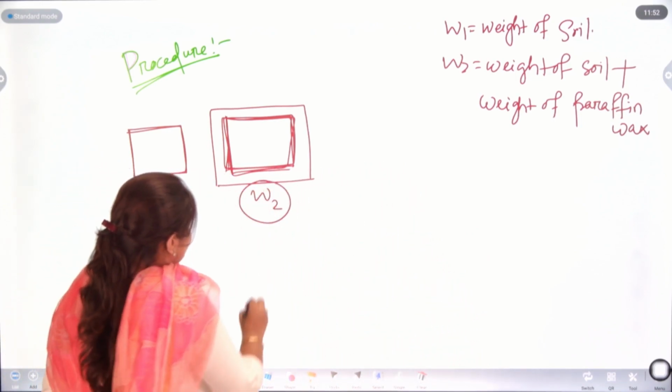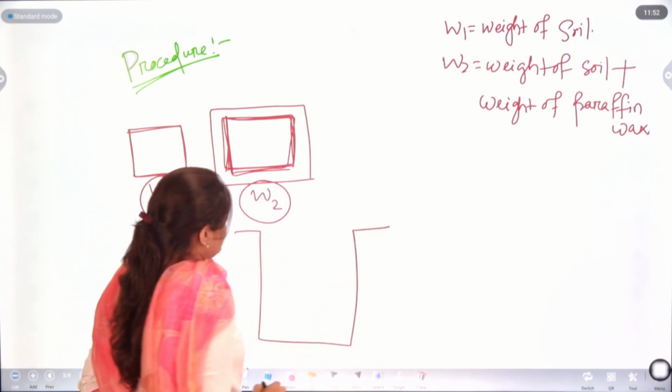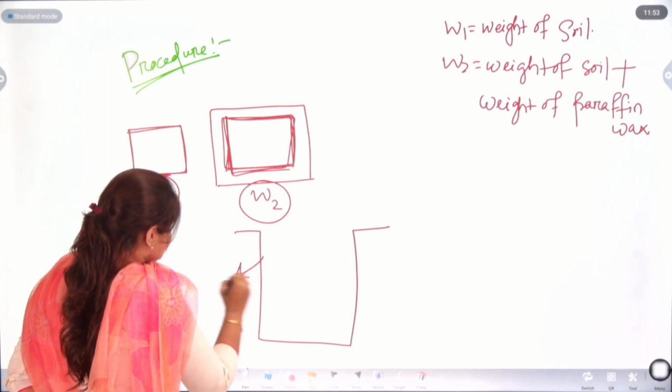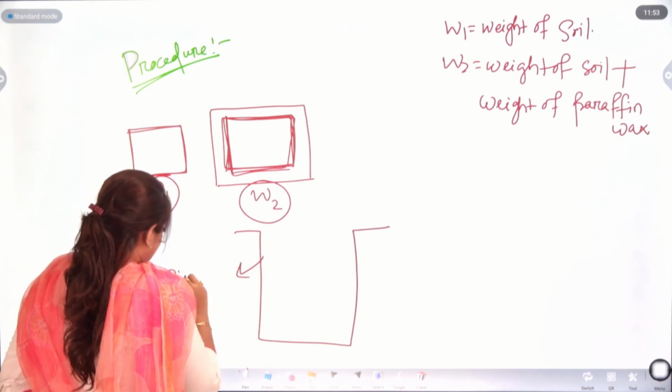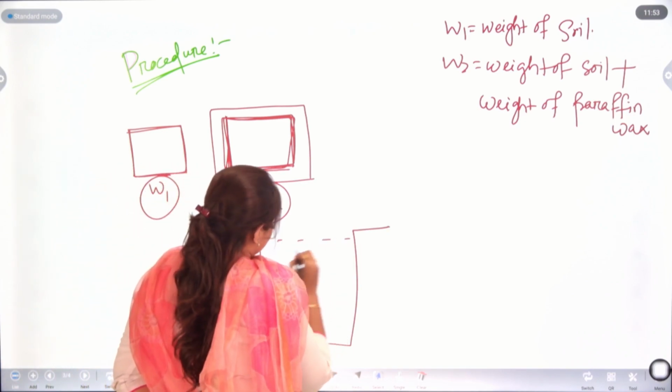Now, we will apply the Archimedes principle. We will take a bucket that is filled with water.